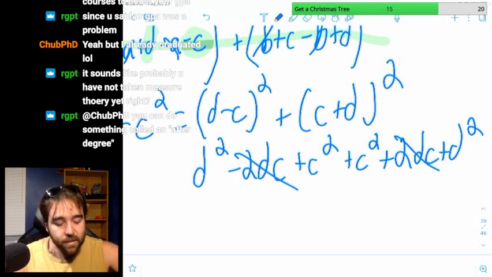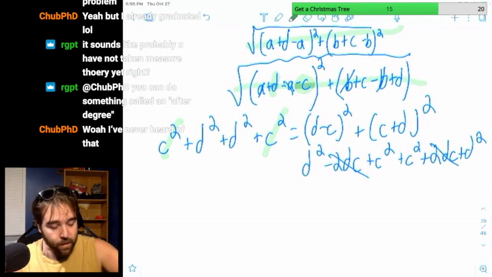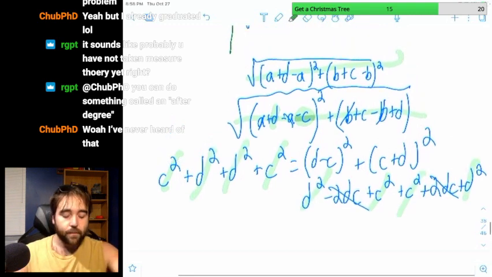So these DC's cancel out, and so they do equal each other. We end up with C squared plus C squared equals D squared plus D squared.